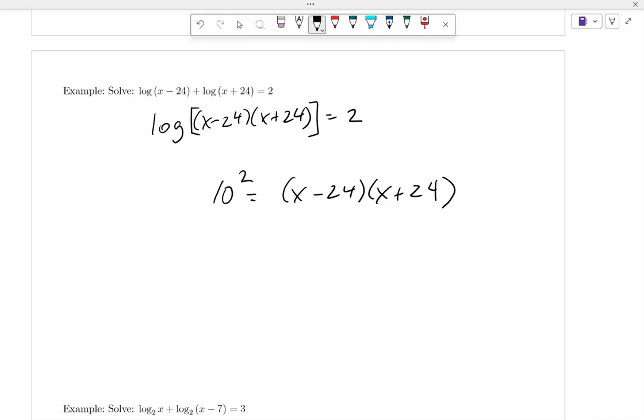We agree? Okay. What do you think you should do next? Well, 10 squared is 100. What do you think you should do on the right-hand side? Distribute it? What do you get when you distribute it?